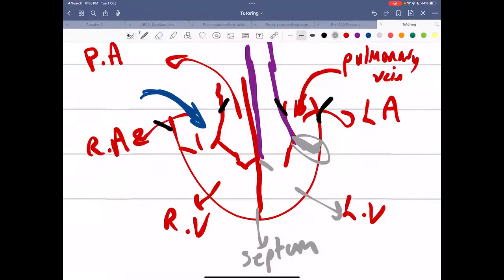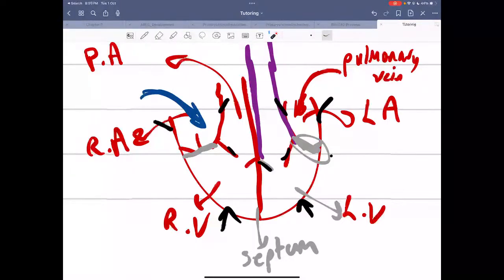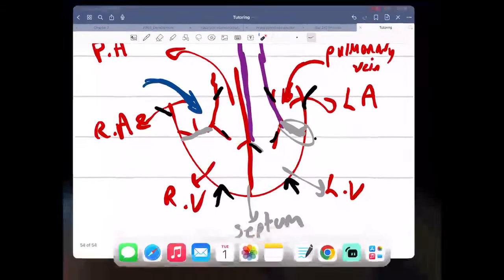So it's basically the reverse in ventricular systole. Now we have our ventricles contracting. So we have a higher pressure in our ventricles. So our semilunar valves will open up while our atrioventricular, which are here and here, here and here, will shut down. Okay, that's the phases of a cardiac cycle.